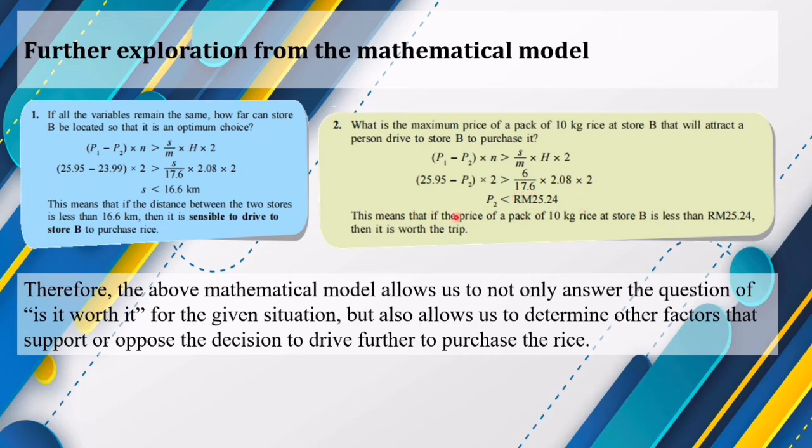It means that if the price of a pair of 10 kg rice at store B is less than 25 ringgit 24 cents, then it is worth the trip. Therefore, the above mathematical model allows us to not only answer the question of whether it is worth it for the given situation, but also to determine other factors that support or oppose the decision to drive further to purchase the rice.